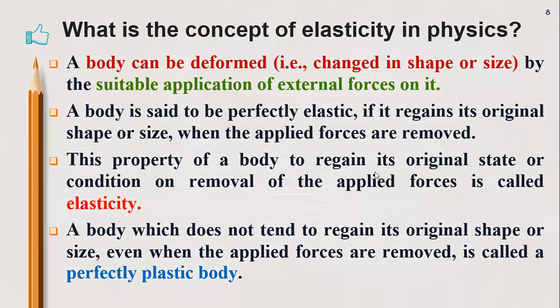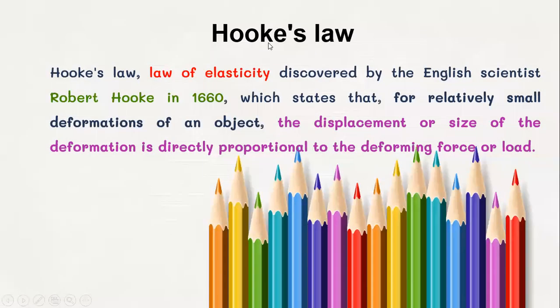Next, Hooke's law. What is Hooke's law? It is the law of elasticity, discovered by the English scientist Robert Hooke in 1660. It states that for relatively small deformations of an object, the displacement or size of the deformation is directly proportional to the deforming force or load.